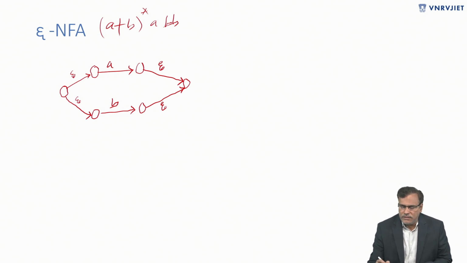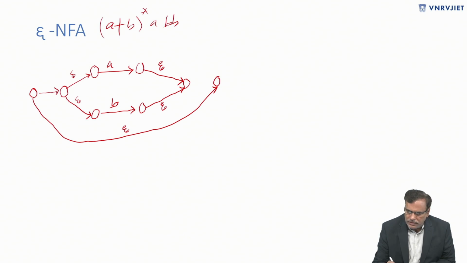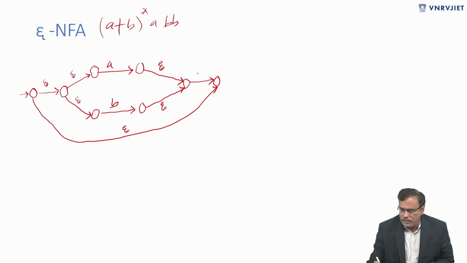Now you have the star. For star, you have to introduce a new start state and a new final state, with a direct transition on epsilon from the new start state to the new final state, and also an epsilon transition from the new start state to the old start state, and from the old final state to the new final state.